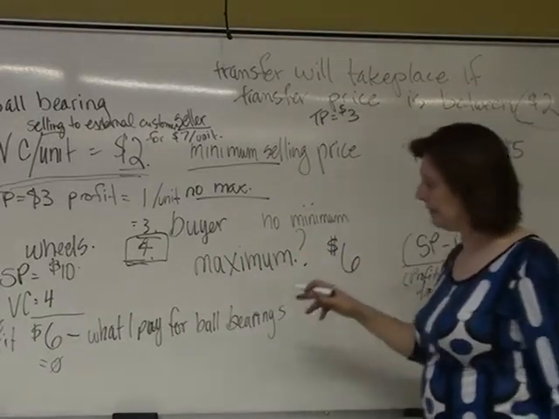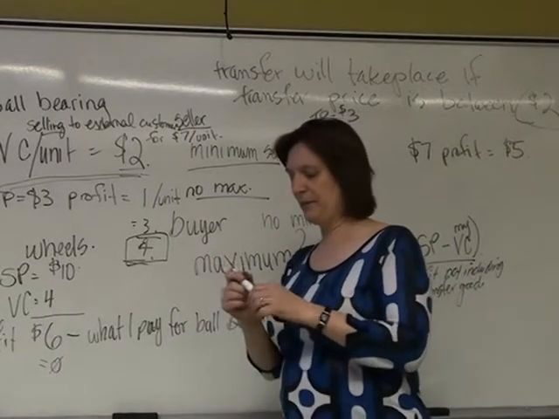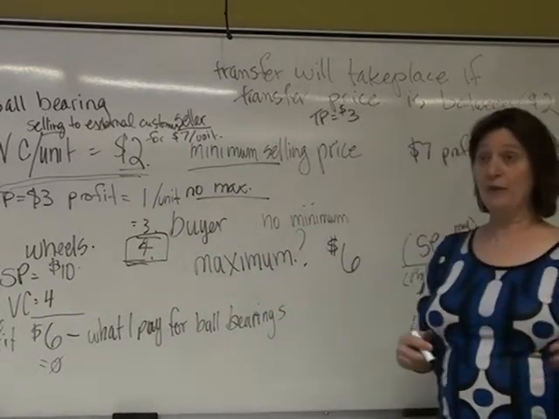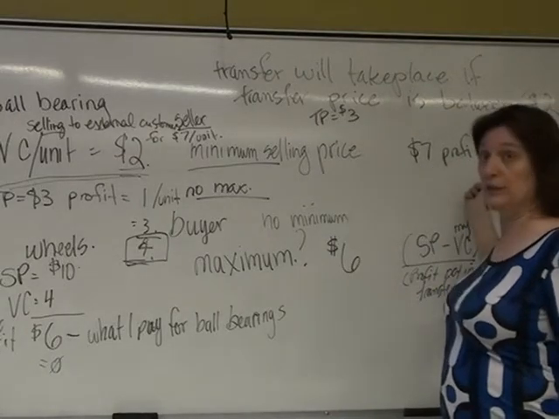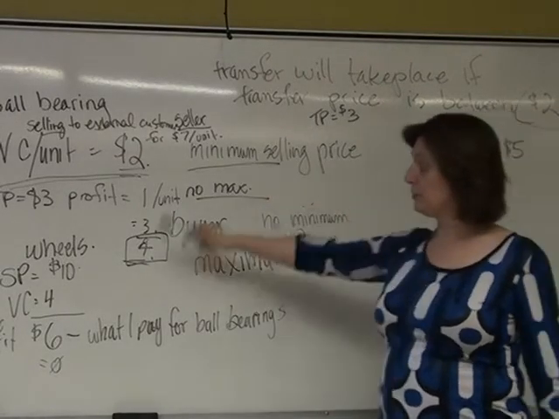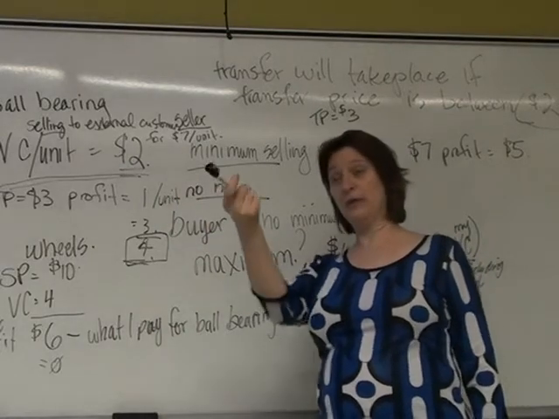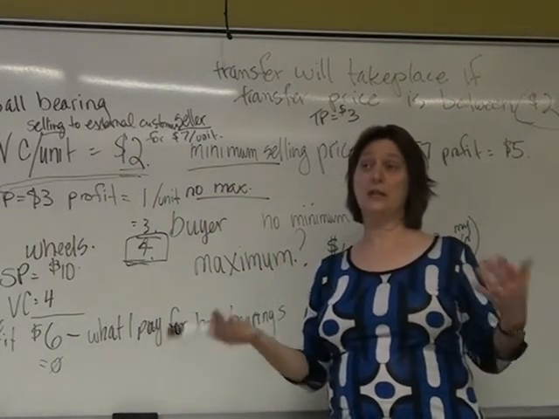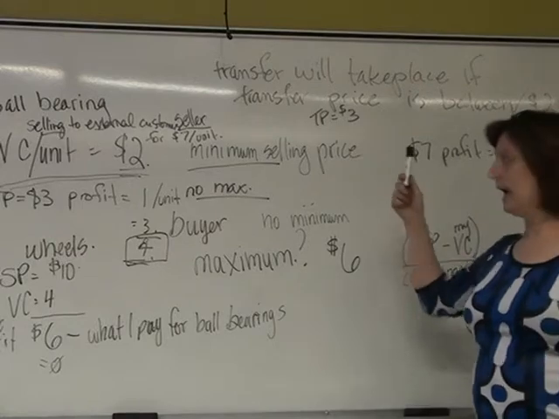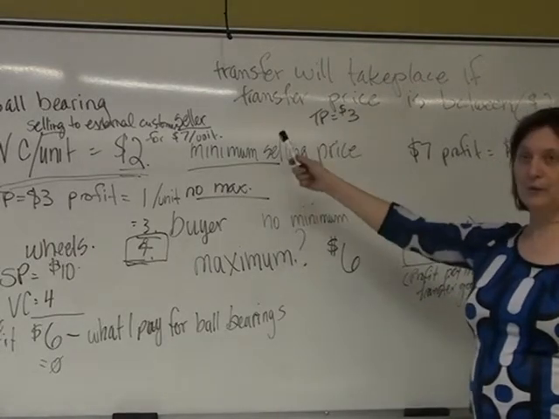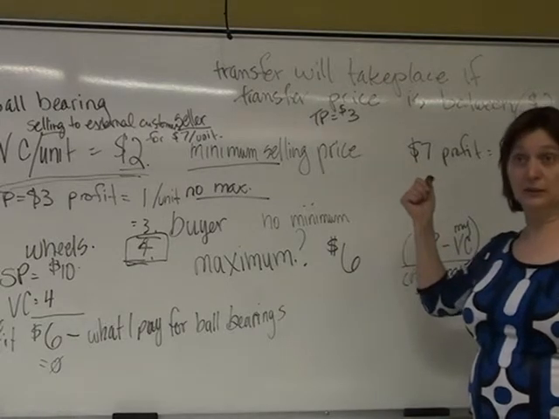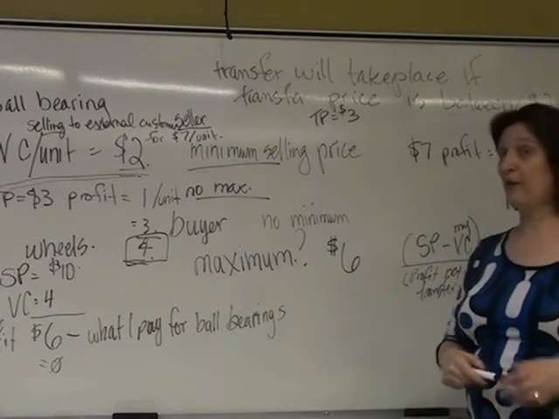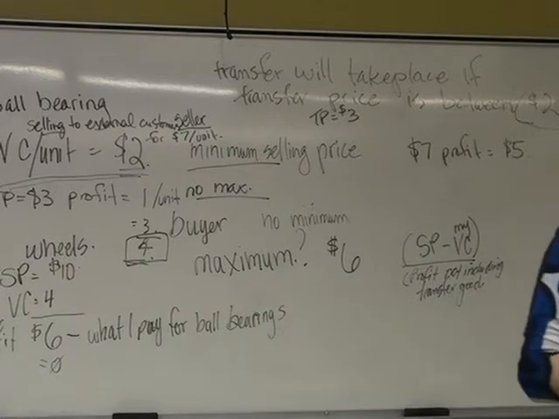Let's say that overall the company will make a profit of more than $5 if they do the transfer. Then what you were talking about is actually the case, where based on the seller and the buyer's different needs, they won't make the transfer, but the company would be better off if they did.